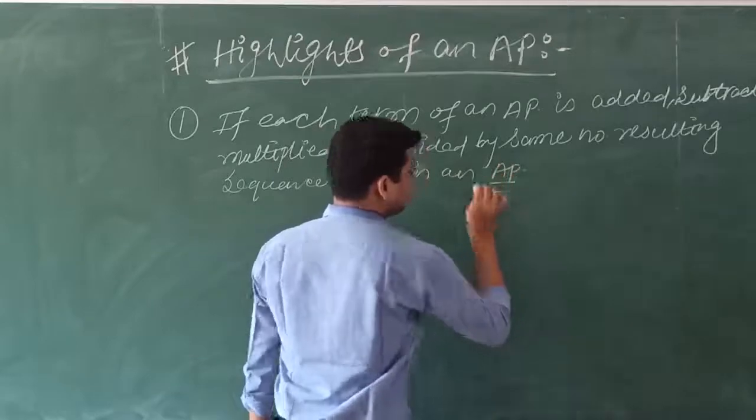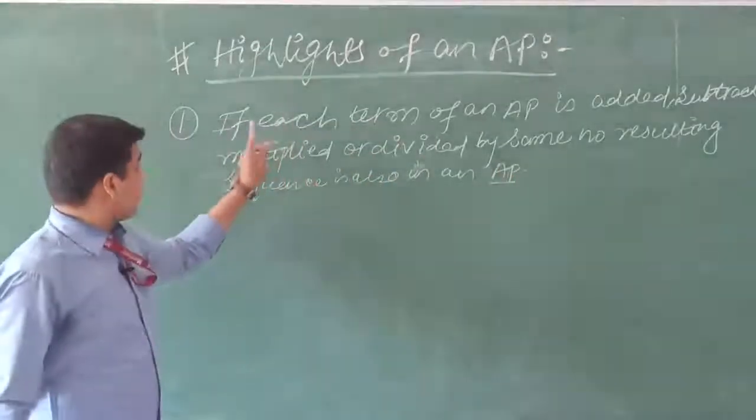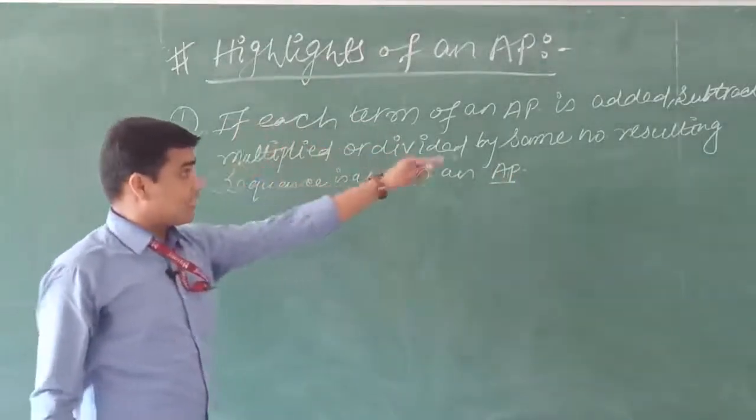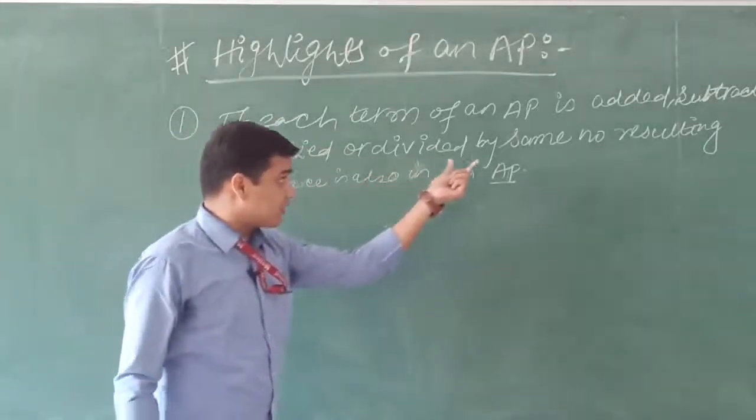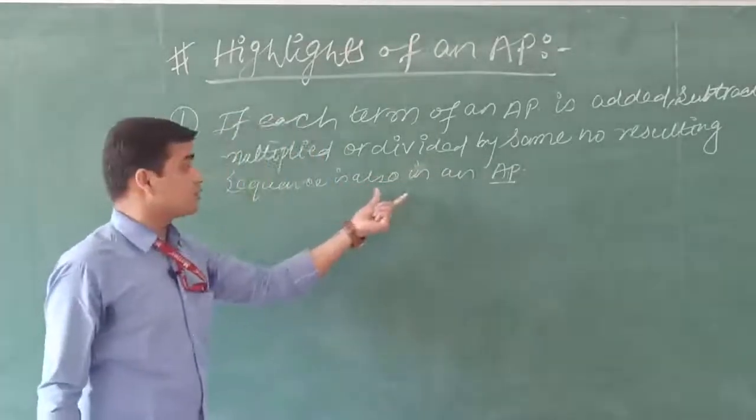Now see this here. What is the meaning of this? The first highlighted point is if each term of an AP is added, subtracted, multiplied or divided by the same number, the resulting sequence is also in an AP.